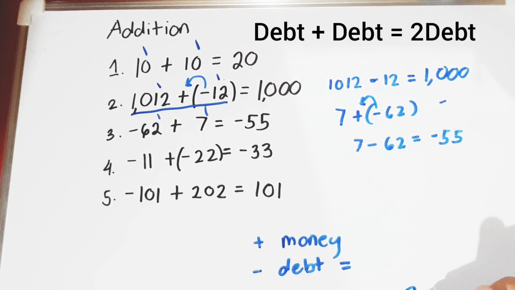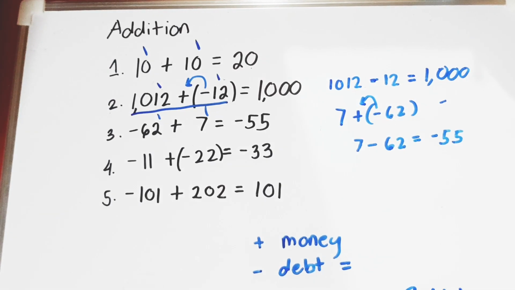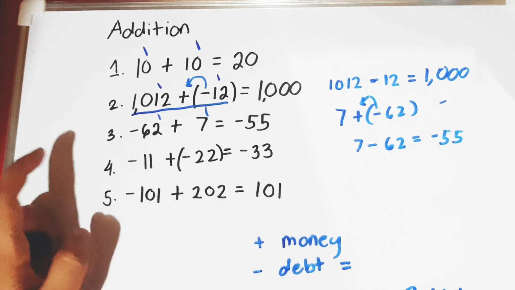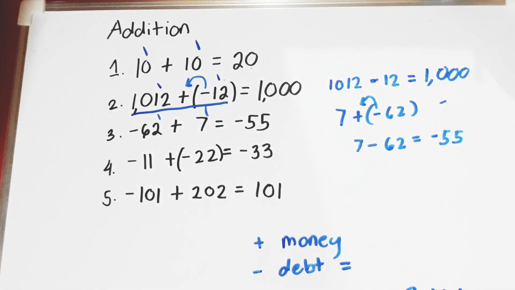So two debts. This is the case in number 4, since both of them are negative. So the answer will also be negative 33.